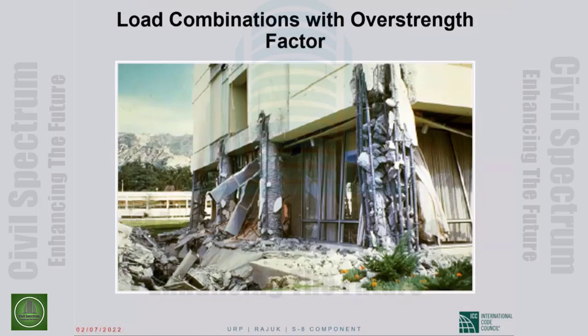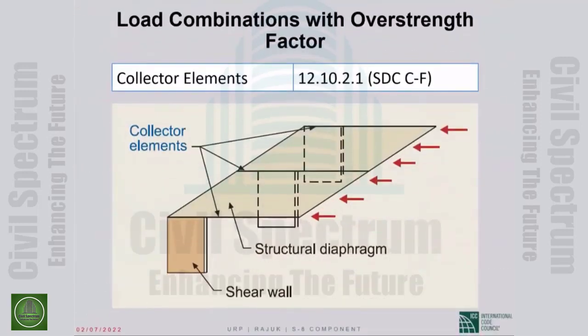Okay, so we do both of those things, and so in two different ways, those columns supporting discontinued shear walls are much superior to what we used to build before 1973. The third place where ASCE 7 requires us to use load combinations with overstrength factor are collector elements of diaphragms.